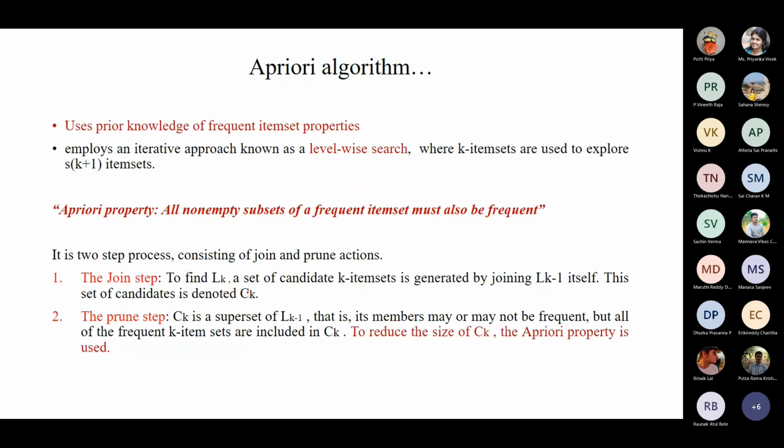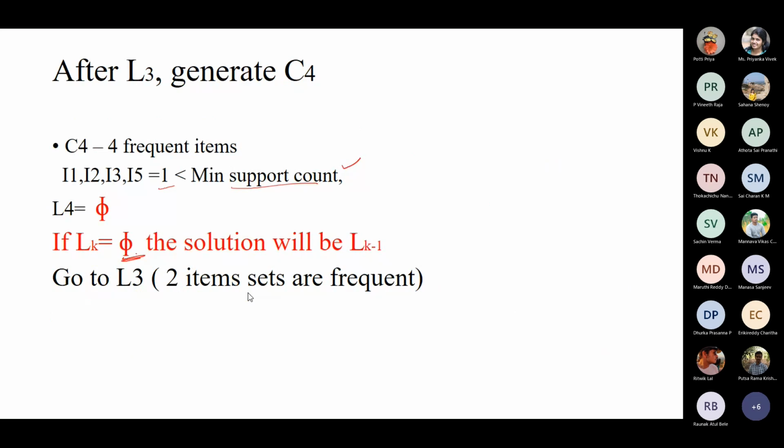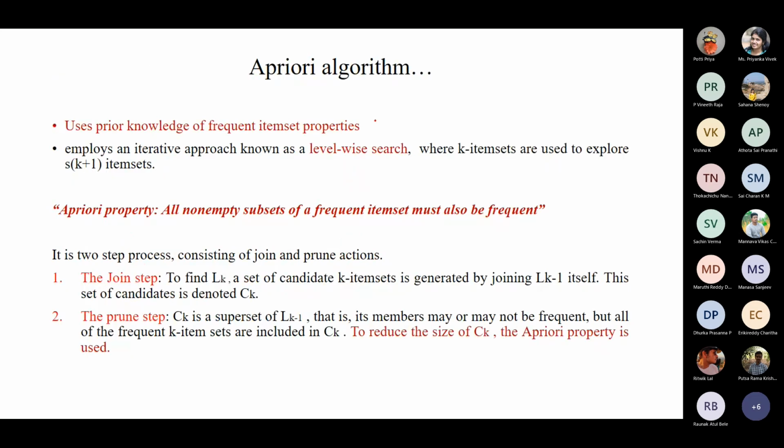Okay, this is how the algorithm works. Next, here we saw this: it uses prior knowledge of frequent item set. That is, to derive C3, we use L2. To derive C4, we use L3.